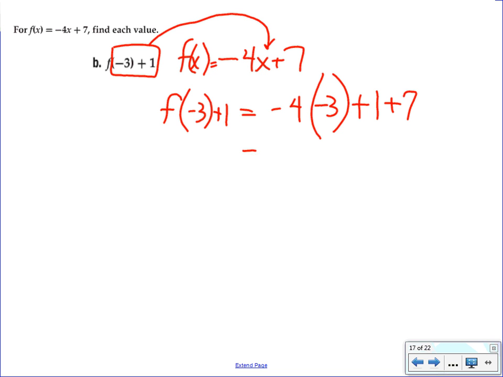So what's negative 4 times negative 3? Negative 12 plus 8. All right, did I do that right? So that would be negative 4. Okay, guys? All right.